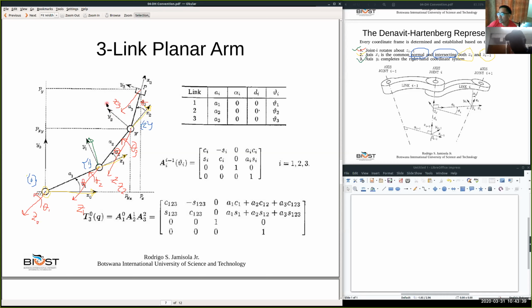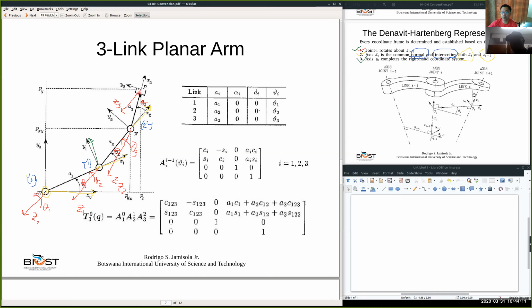Okay? So now, what happens to the end effector? How do we find the x3 and y3 directions? So again, we go through. We say that Z3 we can choose not to be here, because there's nothing rotating in the hand anymore.